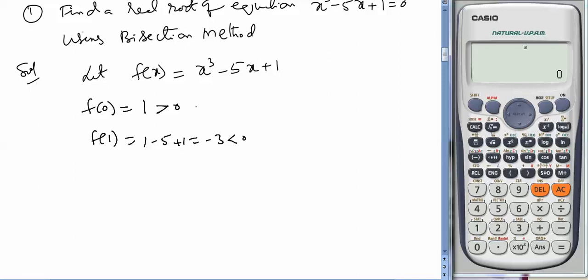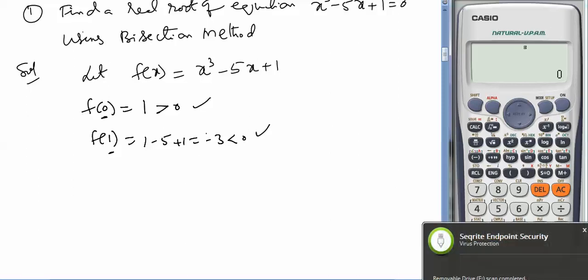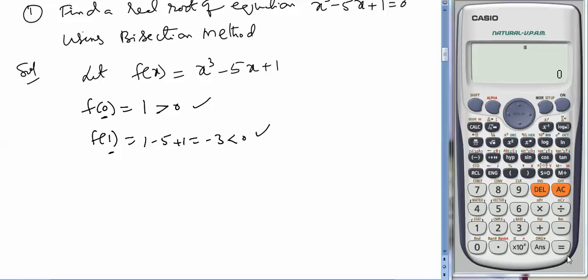Whenever you get alternately negative, positive or positive, negative, then the required root lies between the corresponding values, nothing but the intermediate value theorem. Suppose f of 1 is also positive, then find f of 2, f of 3, f of 6 and so on, and in a similar way negative values, minus 1, minus 2 and so on.